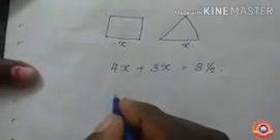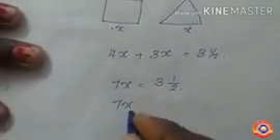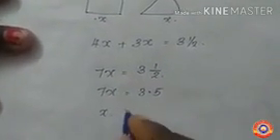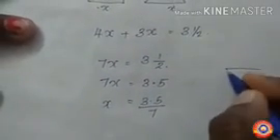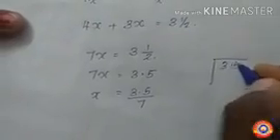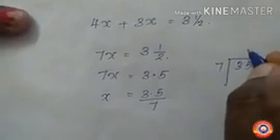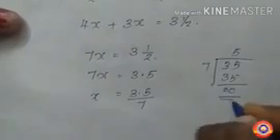So 7x equal to 3.5. x equal to 3.5 by 7. So we have to divide without the decimal. So 35 by 7 we get 5. 5 into 7 is 35. So it is equal to 5.